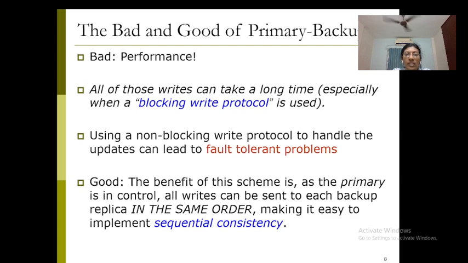All of those writes can take a long time, especially when a blocking write protocol is used. Using a non-blocking write protocol to handle the updates can lead to fault-tolerance problems. The good thing, the benefit of this scheme, is that as the primary is in control, all writes can be sent to each backup replica in the same order, making it easy to implement sequential consistency.